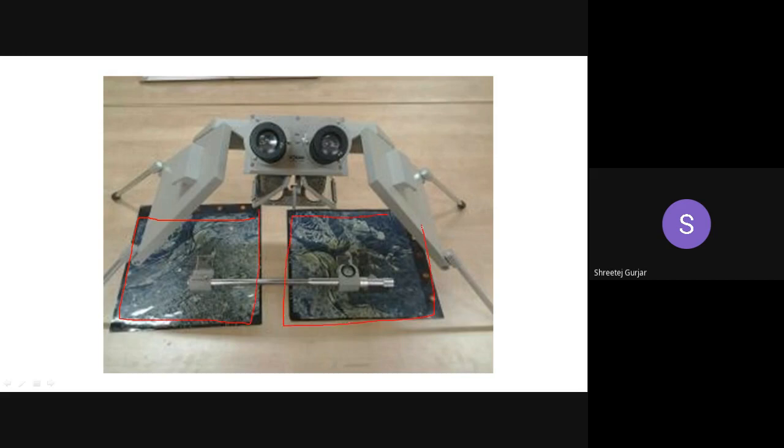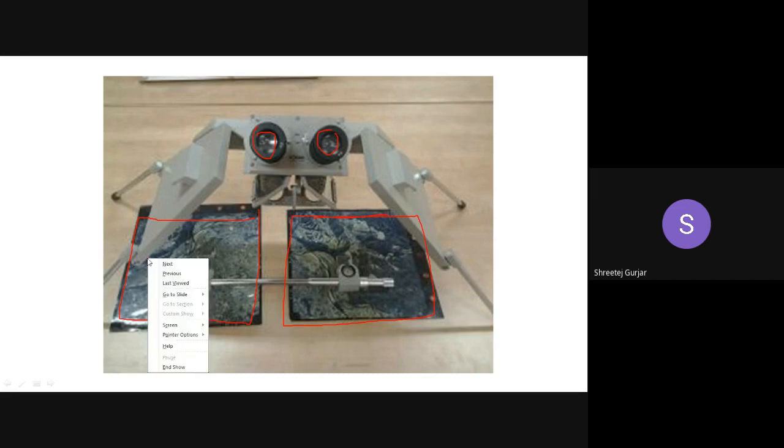These are the stereo pairs, the two photographs of the same ground taken a certain distance apart. They are placed under this mirror stereoscope and viewed through these lenses. From these lenses you view the stereo pairs, and what you will perceive is a single image, not two images. Your brain will think it is a single image, and you will perceive depth.